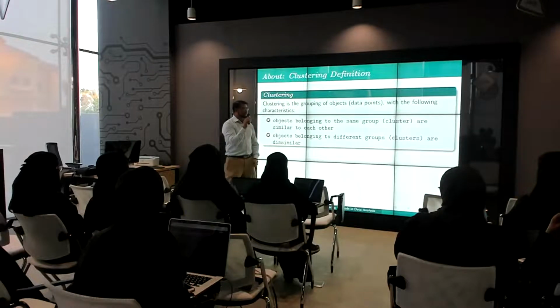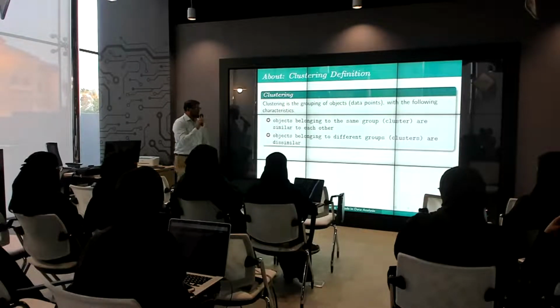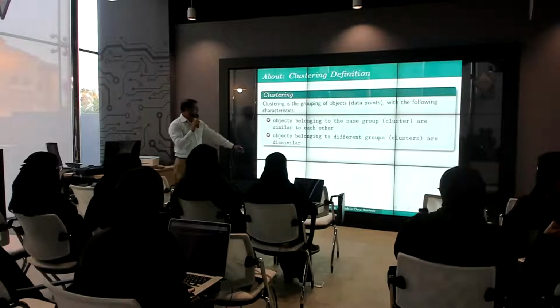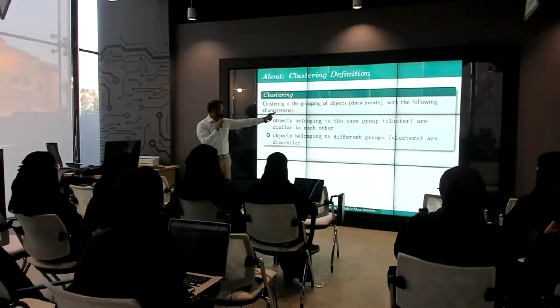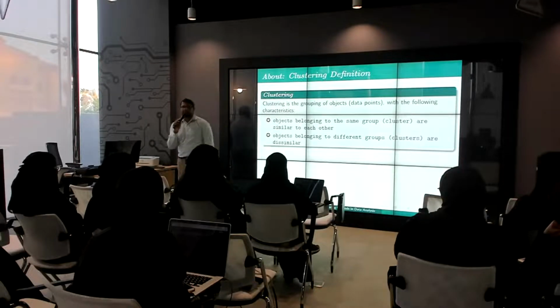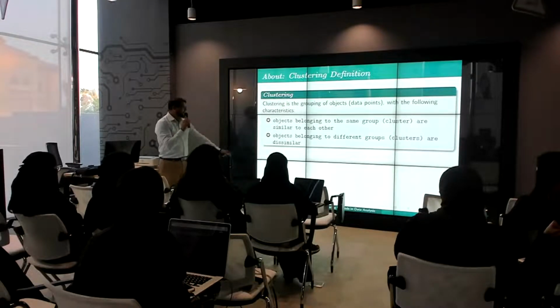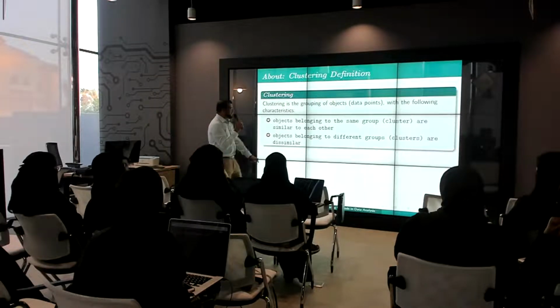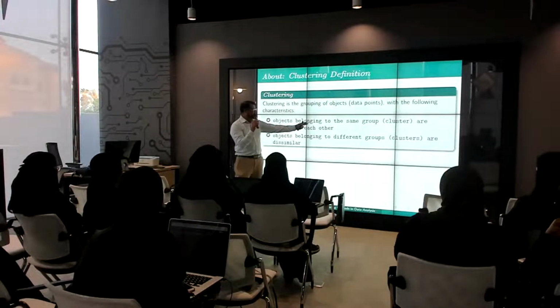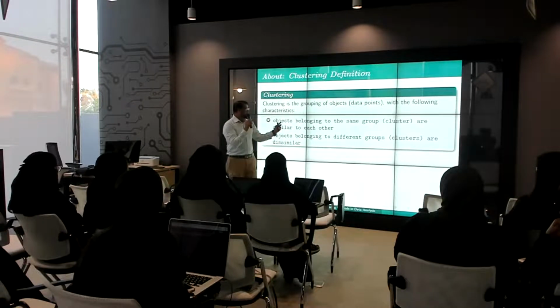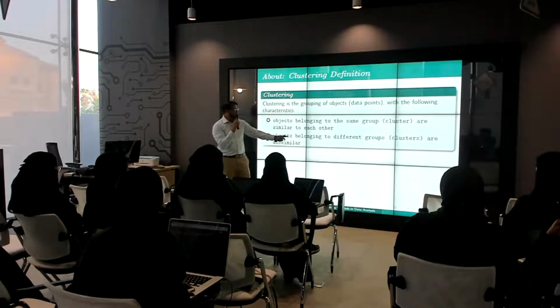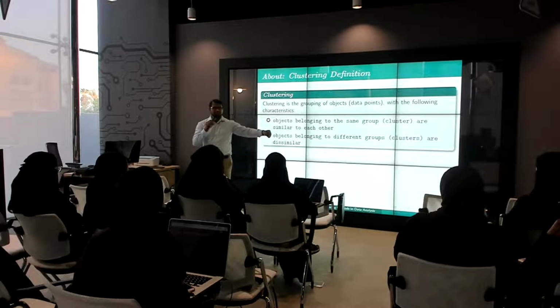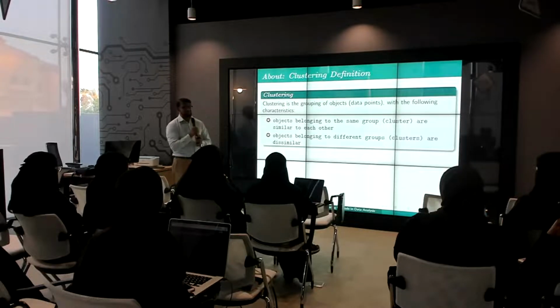The first one is that objects belonging to the same group should be very similar, and if they belong to different groups, they should be dissimilar. You cannot just randomly group them; you have to group them based on these two reasons. In the same group, they should be similar. If you pick two items from different groups, they should be dissimilar.